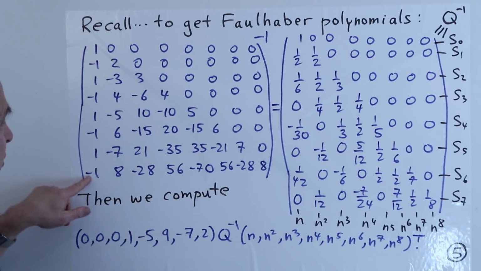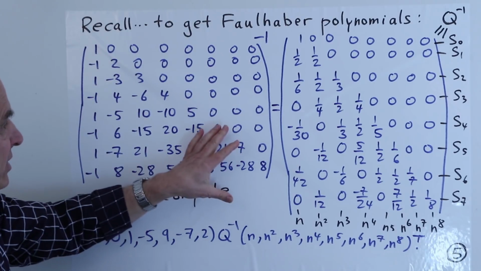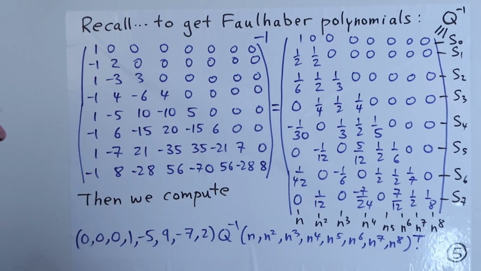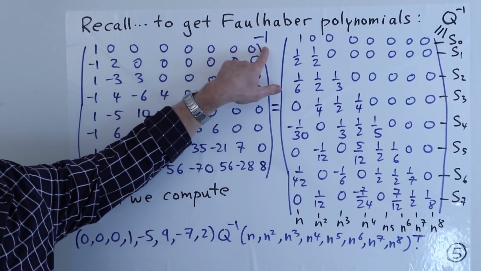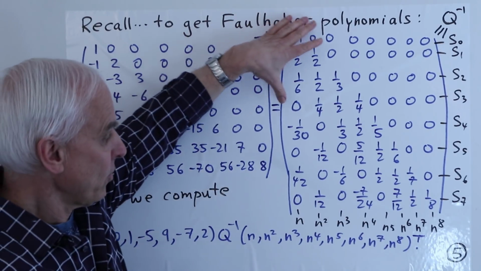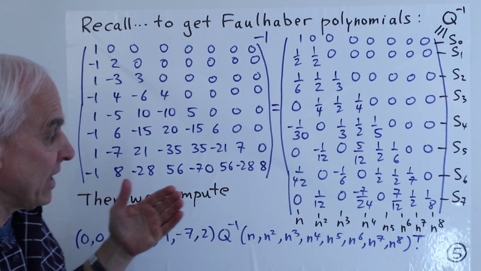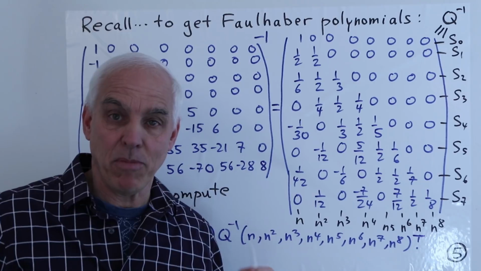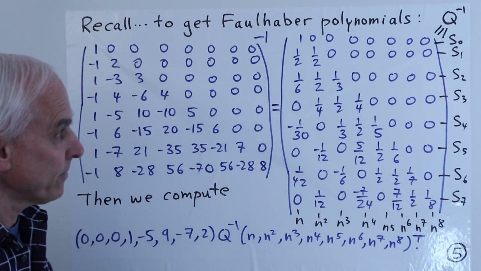And we're going to go down to the 8th row there. Okay, so we take that matrix, and it's an 8 by 8 matrix, and we take its inverse. Taking its inverse, we get this matrix here. And this matrix, happily, contains all of the Faulhaber polynomials from the 0th one down to the 7th one.